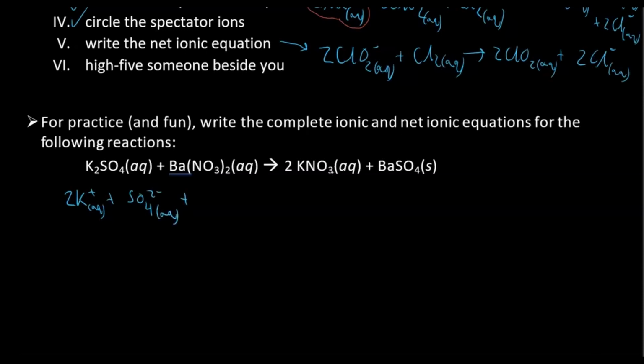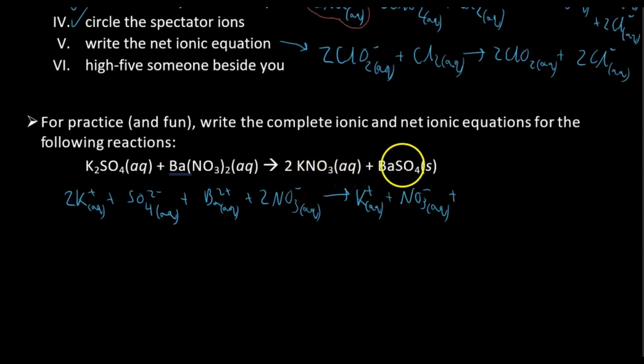And there's 1 barium, so Ba2 plus aqueous. There's 2 nitrates, and that goes to potassium nitrate, so potassium breaks up, and it's aqueous, and the nitrate breaks away, dissociates, aqueous, and then barium sulfate.